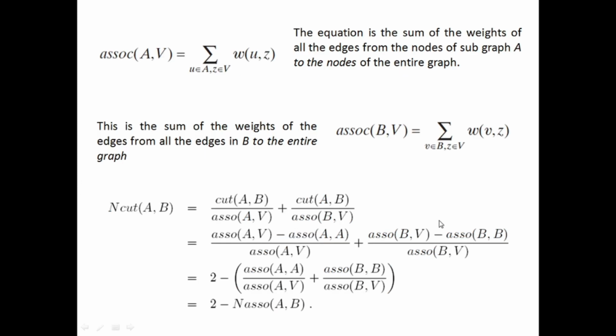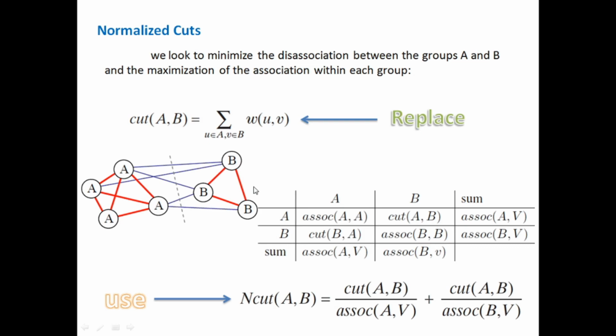So here association of A comma B equals summation of U belongs to A and Z belongs to B, because A and B are the groups that are present in the superset V. Means in the superset V there may also exist some other vertices, may exist or may not exist, right?